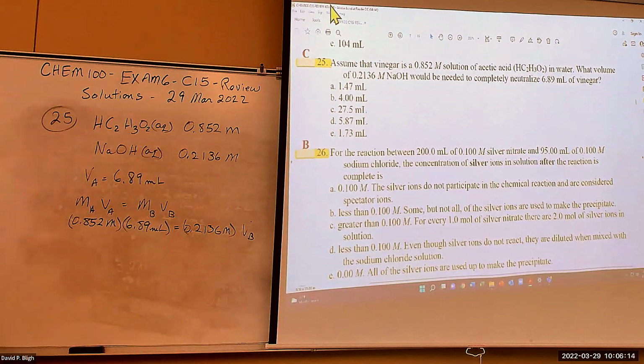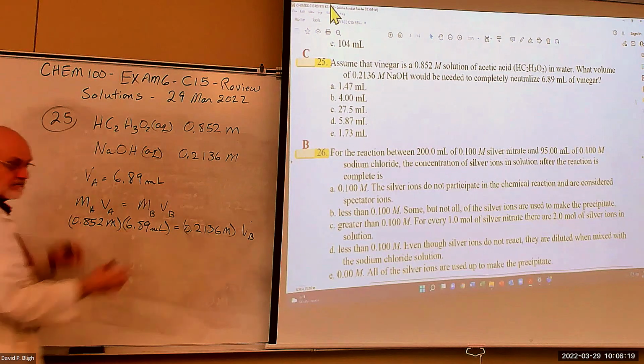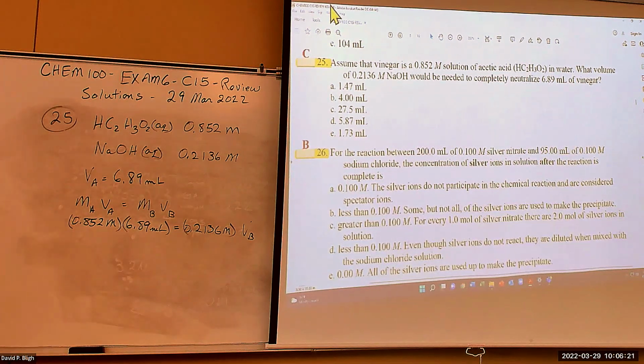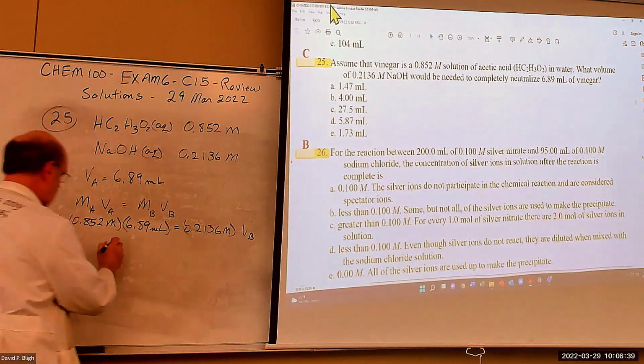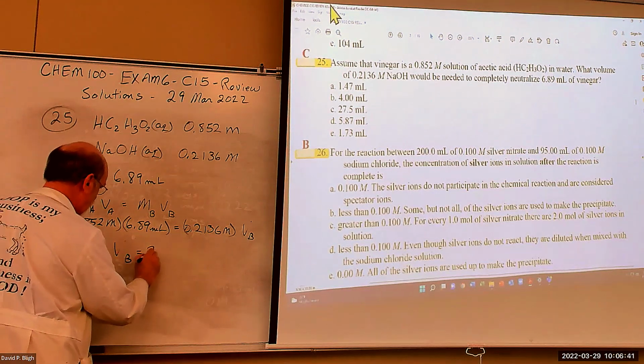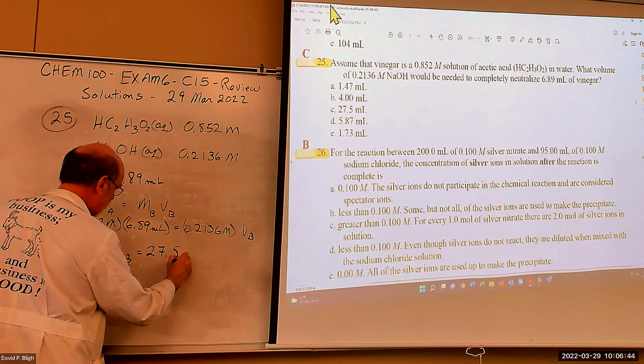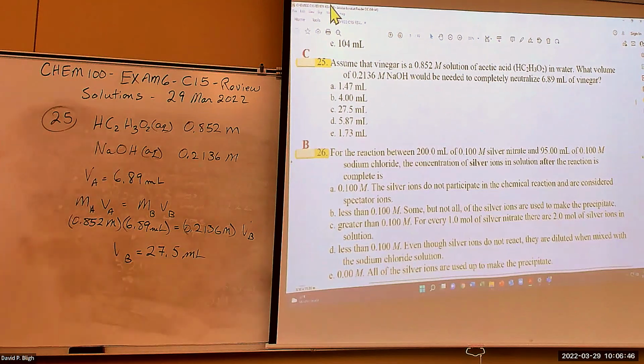That's our unknown. So we just solve for the unknown. That times that divided by this gives us the volume. I get 3 significant figures. 27.5 milliliters. Right there.